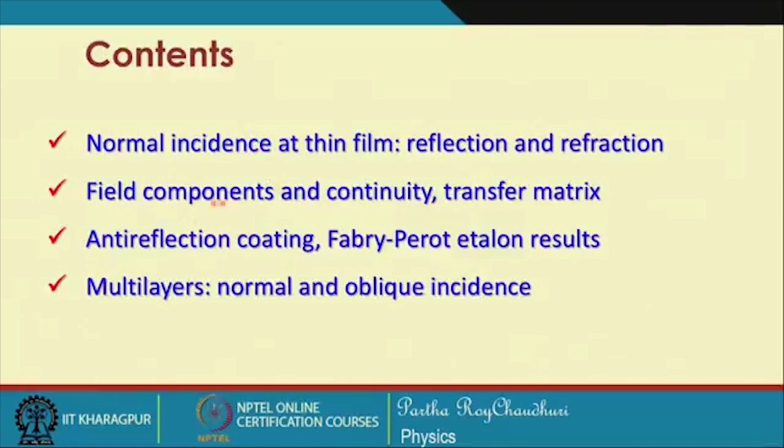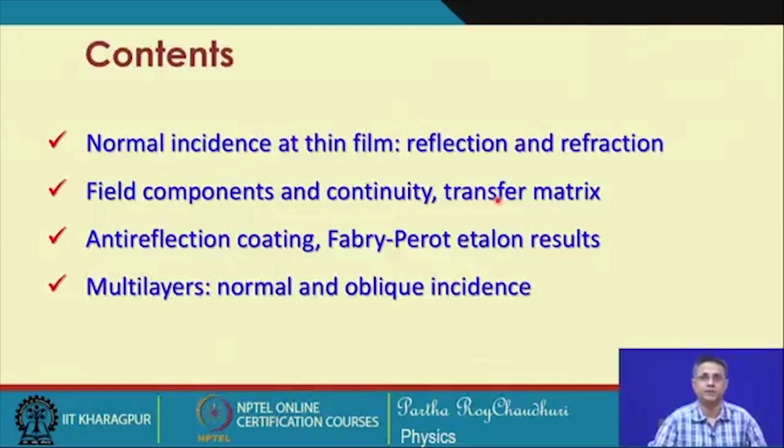We will consider the field components and impose the continuity conditions, and we will see how we can devise a transfer matrix which will help us to determine the electric fields at successive layers by knowing the information of the electric and magnetic fields in the first layer or the previous layer. Then we will consider a few applications, such as anti-reflection coating.